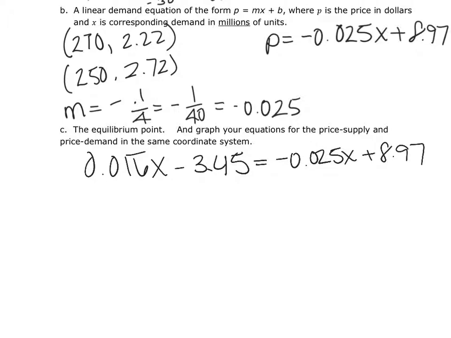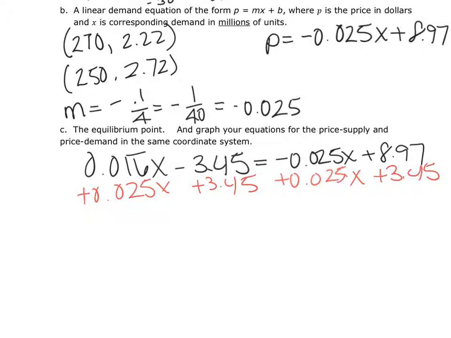Let's go ahead and bring our x's to the left. So I'm going to add the 0.025x to both sides. And I'm also going to add the 3.45 to both sides.